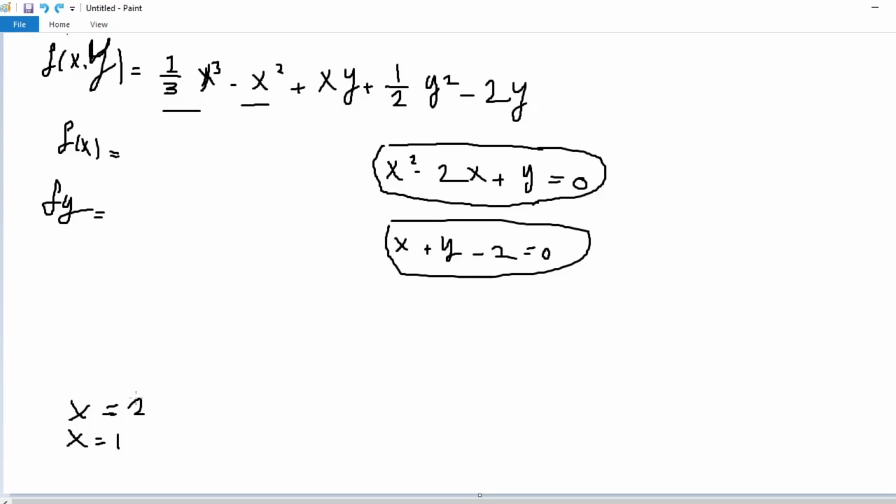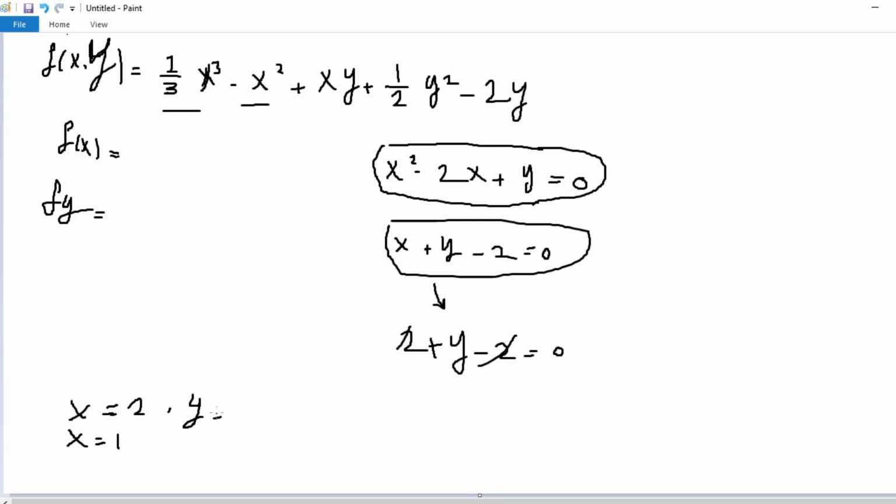So for example, let's find first the one for 2. If I want to use this equation and start with x equal 2, it's going to be 2 plus y negative 2 equal to 0. So 2 minus 2 is 0, so y is going to be 0.